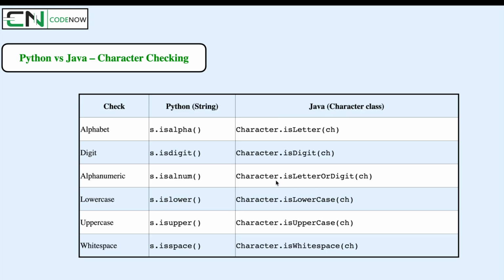In Java we use Character dot isLetterOrDigit. To check if the string is lowercase or not, we use islower. To check if the string is in uppercase, we use isupper. To check if it contains white spaces, we use isspace. Whereas in Java we use Character dot isLowerCase, Character dot isUpperCase, Character dot isWhitespace.